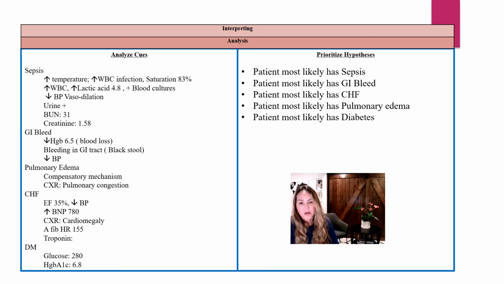In this slide, we're going to be talking about analyzing cues and prioritizing hypotheses. When we get all this information, like we reviewed before about the cues, we encounter an amazing amount of abnormals. It's a lot of data that we got from the evaluation of the patient, the assessment, the labs, the diagnostics.